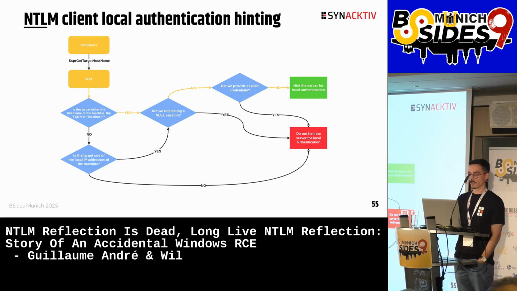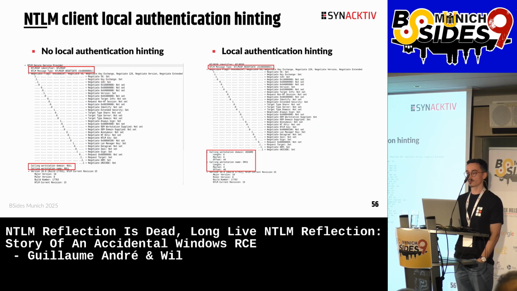So the next thing to explain is what actually is local authentication hinting. It's quite easy to spot if you do a little bit of network diffing again. On the left, the client does not hint local authentication, and on the right it does.